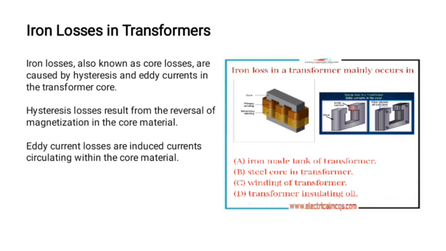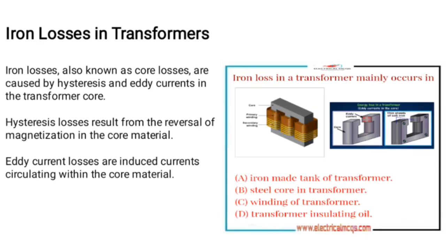For example, eddy current and hysteresis losses are examples of core losses. To further understand how iron losses happen, let us look at iron's magnetic properties. Eddy current losses are induced currents circulating within the core material. Iron loss in a transformer mainly occurs as eddy current or hysteresis losses.